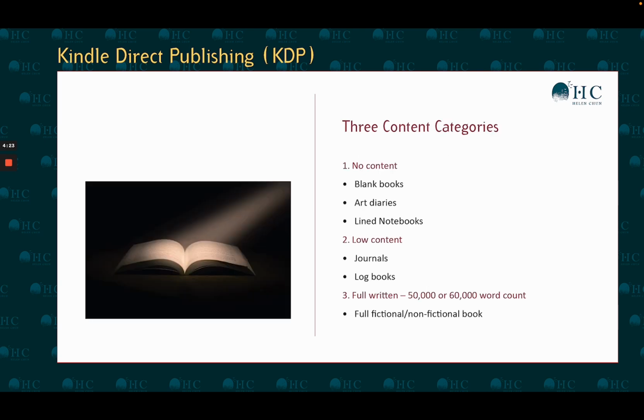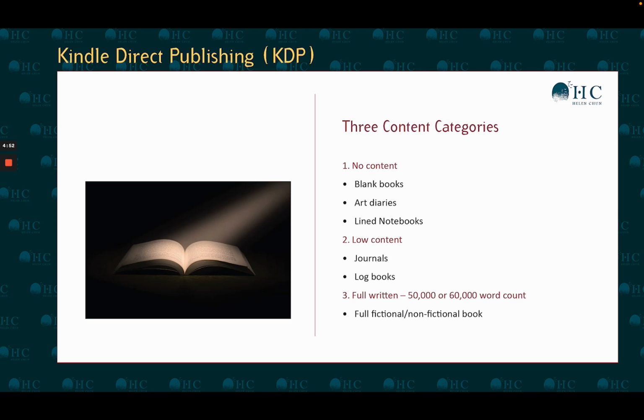You're going to come across pretty much three content categories that you ought to look at. And as a beginner, I would suggest you go for the no content or low content category. So no content is pretty much blank books, art diaries, lined notebooks, so pretty minimalistic. And low content is, say, journals and logbooks.